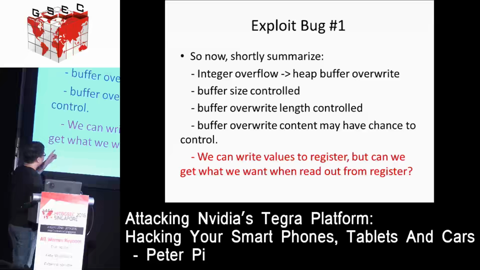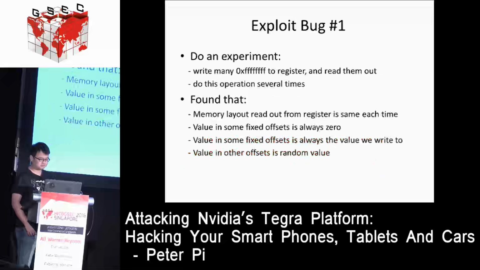The overwrite content we may have a chance to control, because we can write values to the register first and read out from it. But we need to do an experiment. So I do this. I write many magic numbers to the register and read them out, and do this operation several times.